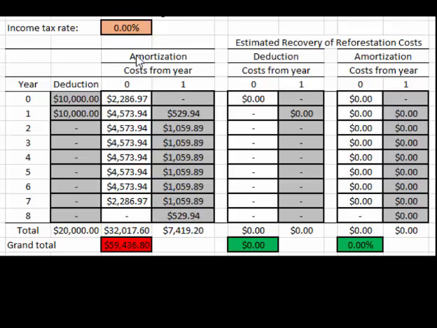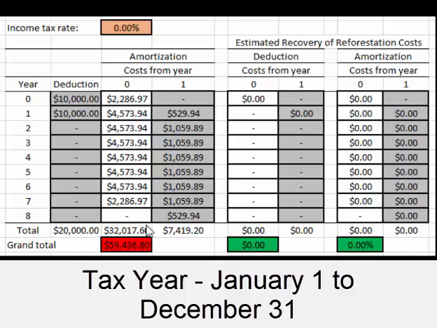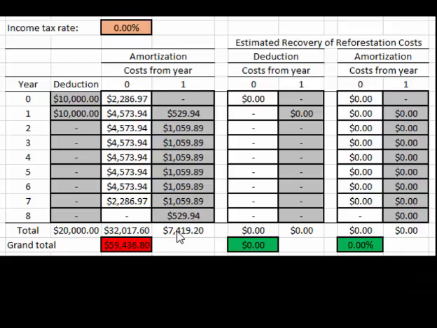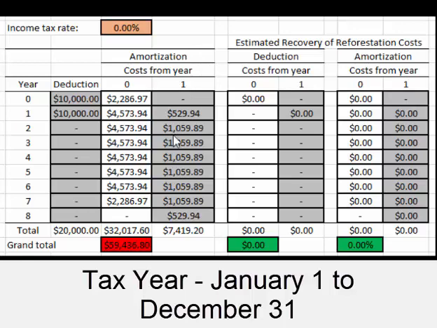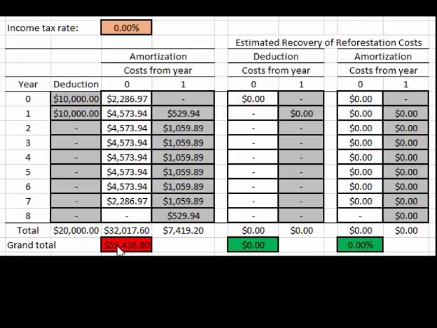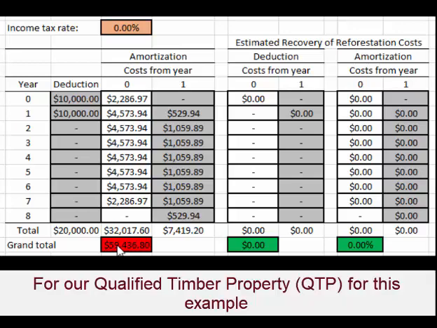So in here we can see our amortization schedule once again, and then we have the total amount of cost deducted, the total amount of cost amortized based on the reforestation cost incurred in tax year 0, and the amount of reforestation cost amortized based on the amount incurred in tax year 1. And then we have our grand total of the reforestation costs for our 160-acre cutover site for loblolly pine plantation, planted at a density of 454 seedlings per acre.